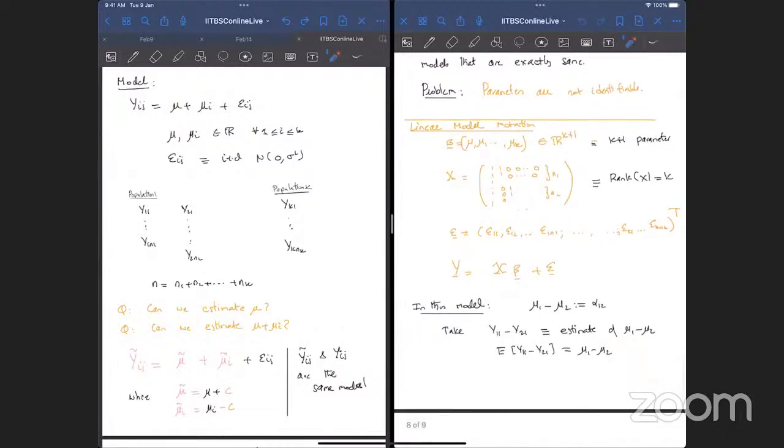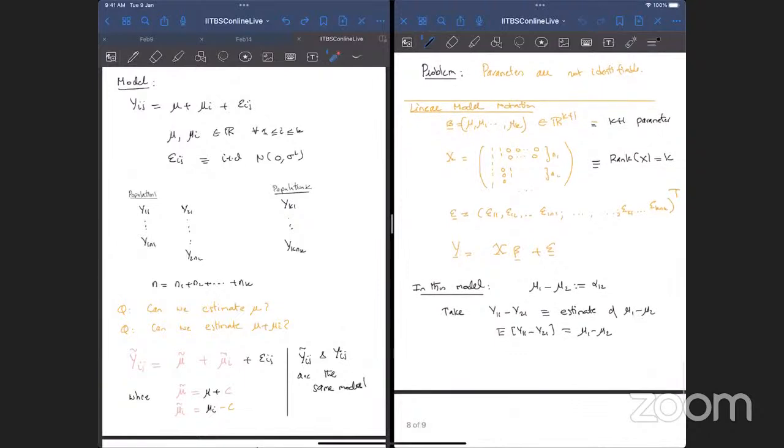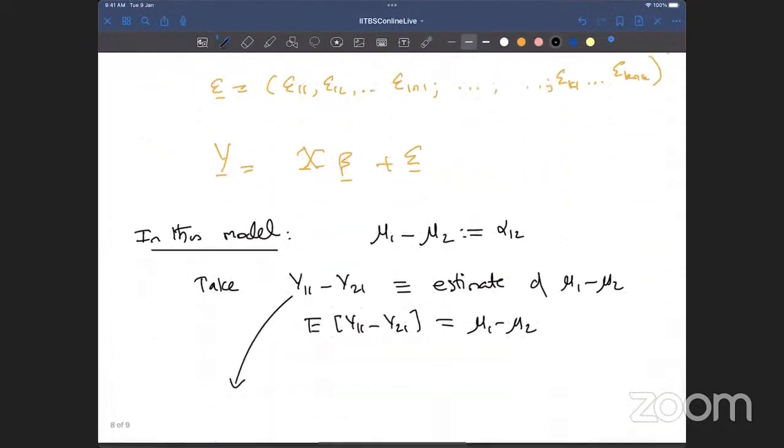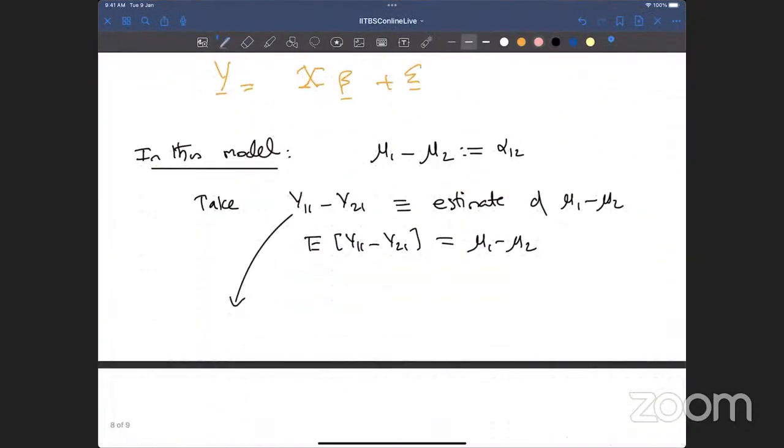So what is y1 minus y2 going to look like? y1 is mu plus mu1 plus epsilon 1,1. Minus y21, which is mu plus mu2 plus epsilon 2,1.